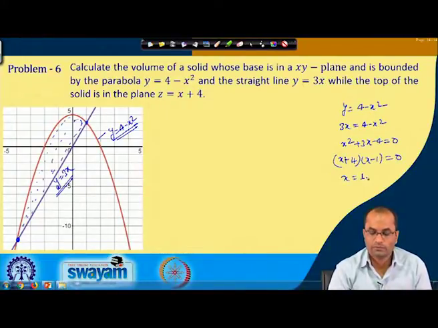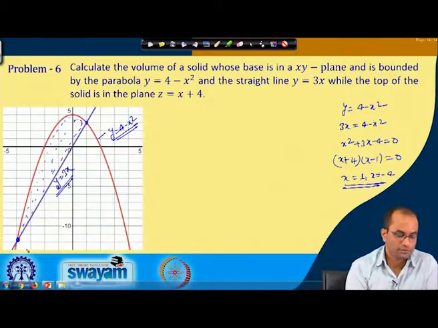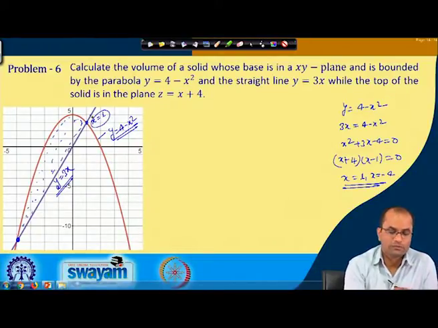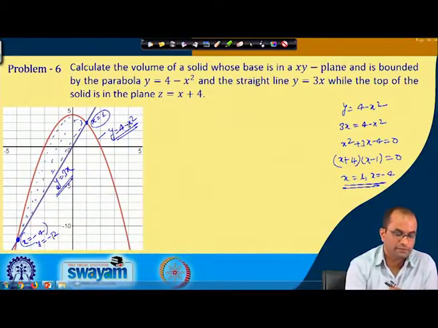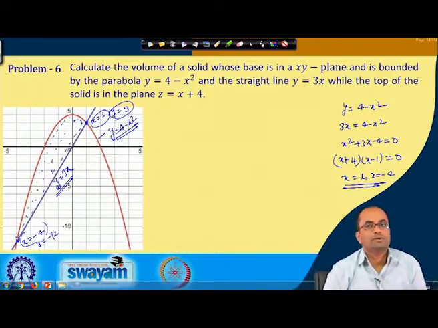So, x is equal to 1 and x is equal to minus 4. So, these are the 2 points. Correspondingly y we can get from y is equal to 3x, so for x is equal to minus 4, the y will be minus 12, and for x equal to 1, y will be 3. So, these are the points, and now we want to integrate.